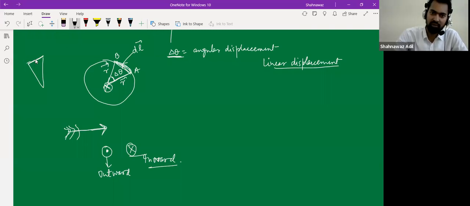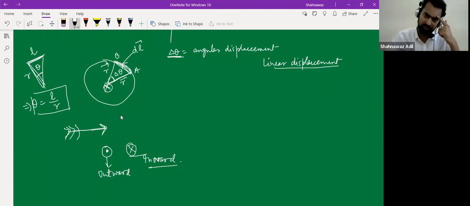When you recall the parallax method, we recall that this theta, this r and this l were related. So what was the theta? Can you recall, Hiram? When your theta is small and this is your length. Do you guys remember this relation? I assume not.